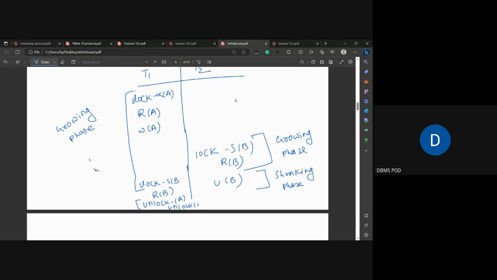Okay, now let's give one more example. Suppose T1 and T2 are two transactions.